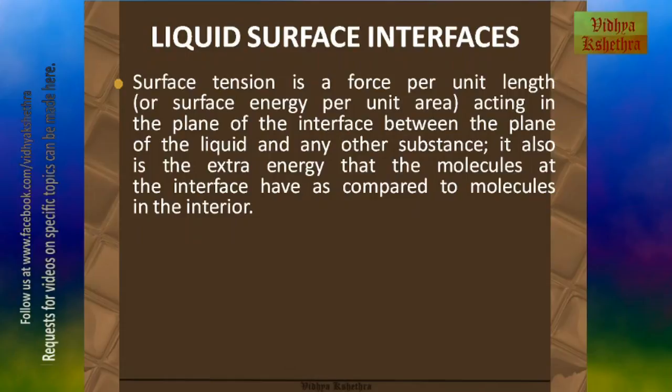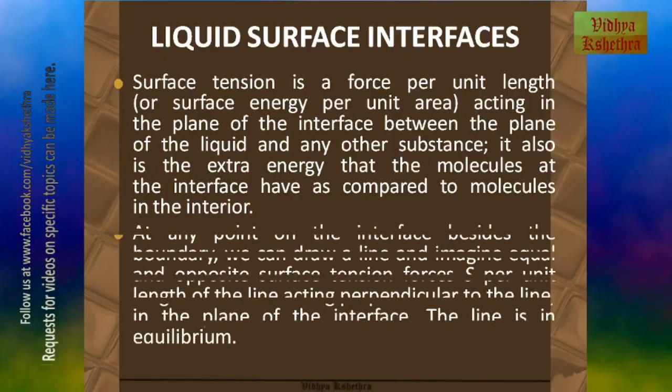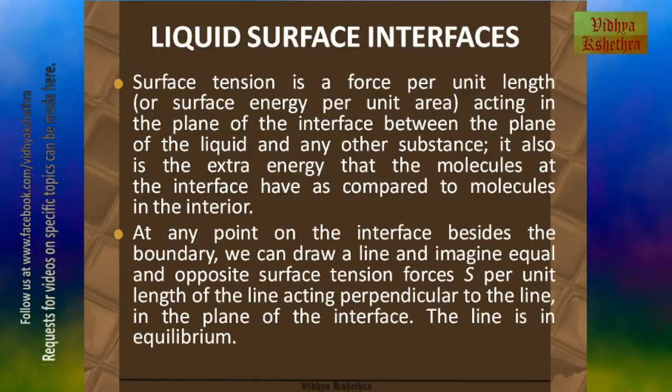It also is the extra energy that the molecules at the interface have as compared to molecules in the interior. At any point on the interface, besides the boundary, we can draw a line and imagine equal and opposite surface tension forces S per unit length of the line acting perpendicular to the line in the plane of the interface. The line is then in equilibrium.